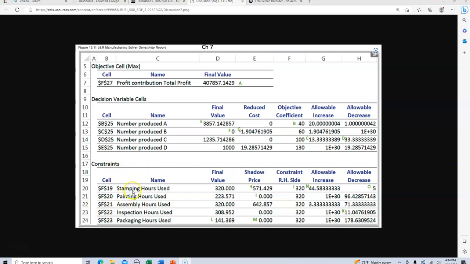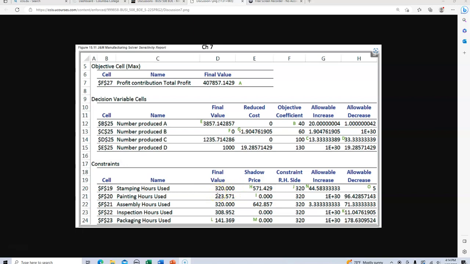So if you remember, one of the constraints you had was a certain number of stamping hours that are available in this process. The total number that you had available was 320. So the constraining value here tells you the number of hours that you have available. And you will notice that as this problem was solved, this final value says that you used all of them.